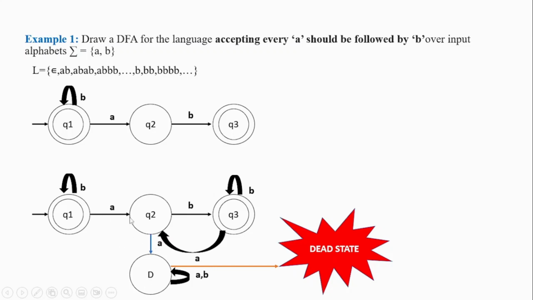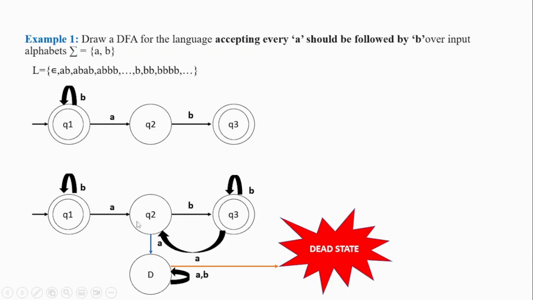Because it has seen one A, then it has to see B only. It should not see another A. It means A is followed by A. That should not happen. In case that happens, then it should be in the non-final state. So I'm drawing the non-final state here. So it is entering into the dead state, right?